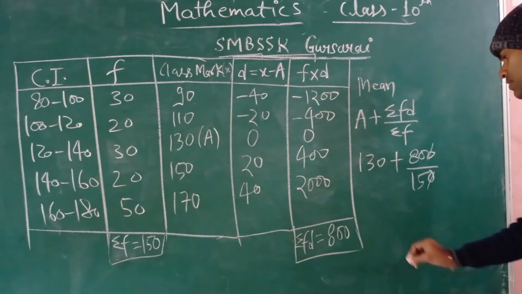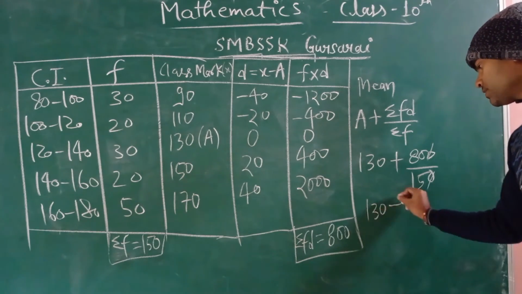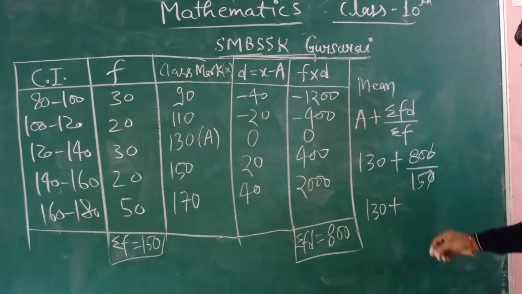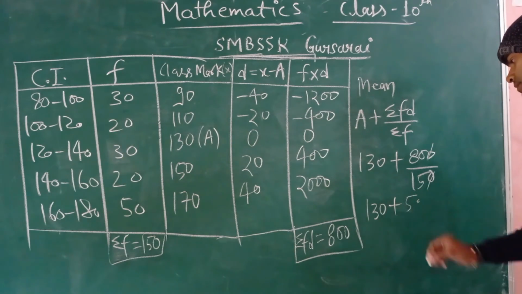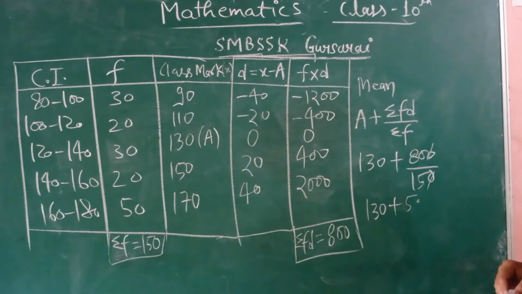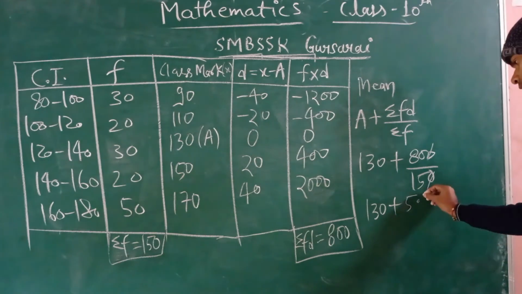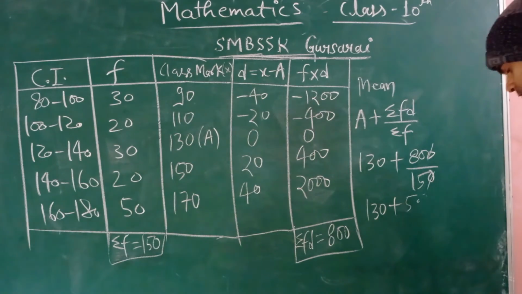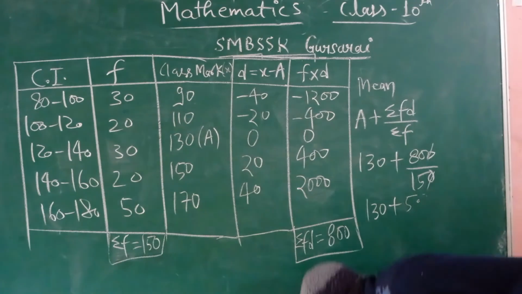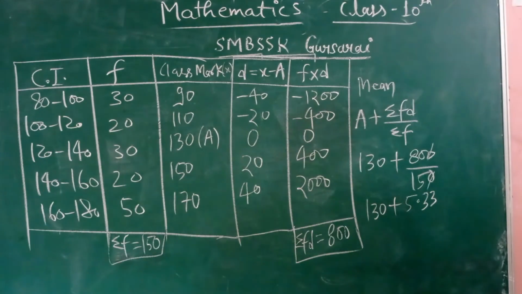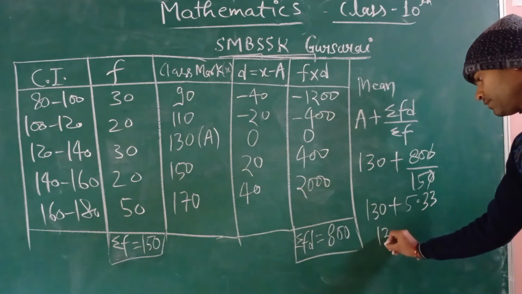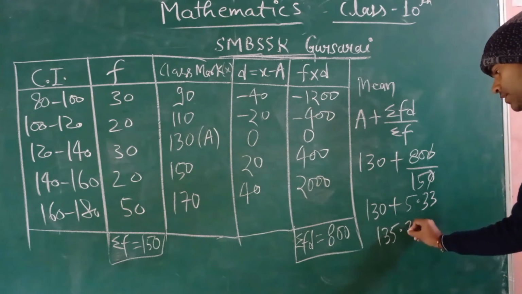Here 0 and 0 cancel. 130 plus 16 over 3, that is 5.33. So the mean of the given data will be 135.33.